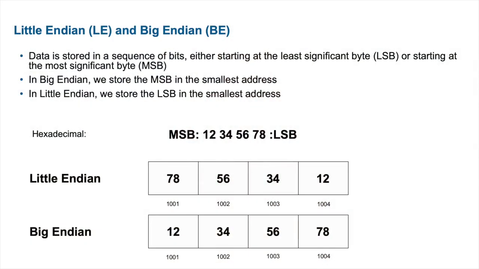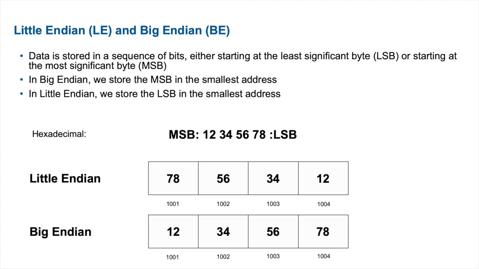Let's assume that we have a hexadecimal number that we'd like to store in computer memory. Each character in a hexadecimal represents 4 bits. Let's assume this number to be 1, 2, 3, 4, 5, 6, 7, 8. The leftmost byte, 1, 2, is the most significant byte, and the rightmost byte, 7, 8, is the least significant byte.